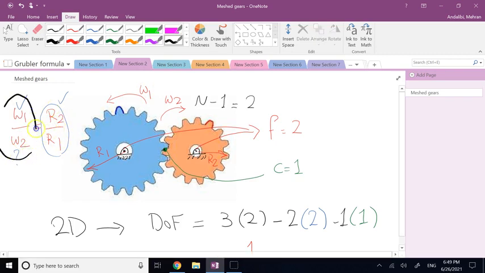This ratio, if we call 1 to be the input and 2 to be the output, is what we call the speed ratio of this gear set or gear train. Okay, or SR, speed ratio.